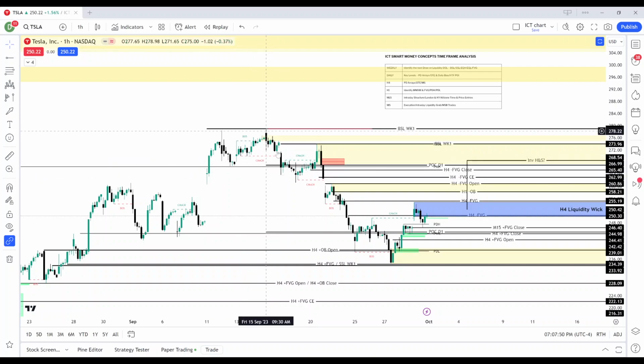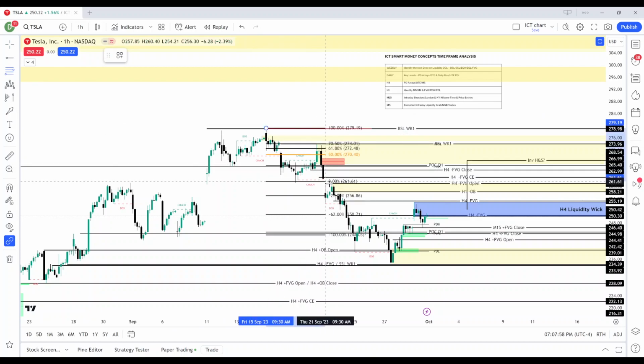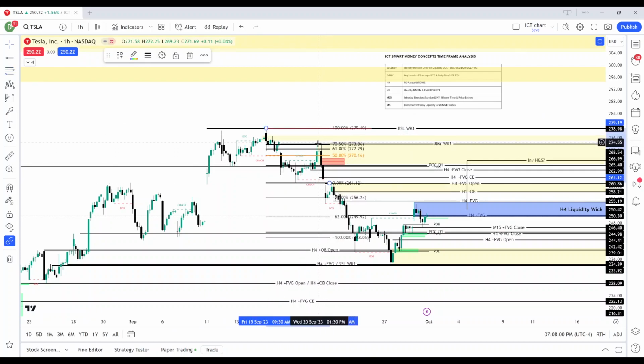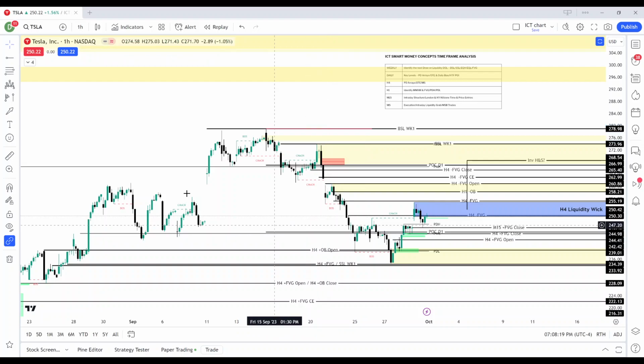So higher high, change of character, return to optimal trade entry, and I'll show you that right here. Boom. To the wick, lower high, optimal trade entry, full symmetrical swing. Went a little lower, that's fine. Icing on the cake, full symmetrical swing. That's a market maker sell mode in that instance.